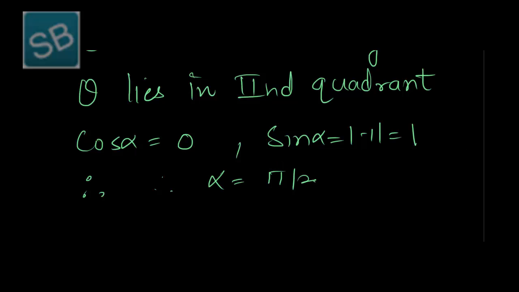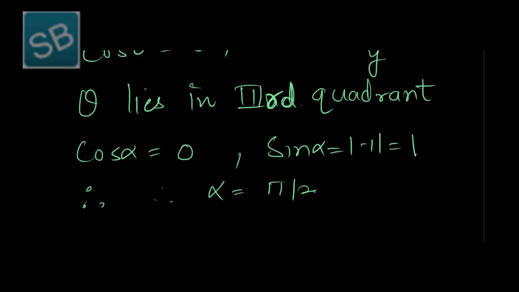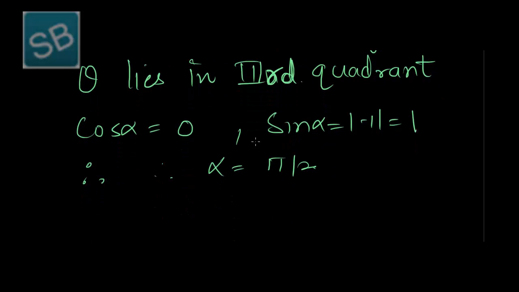Sorry, here just think: cos theta is 0 and sin theta is negative, so it lies in third quadrant. It lies in third quadrant. So alpha is not depending on this sign, alpha is depending on the angle. What is the angle?